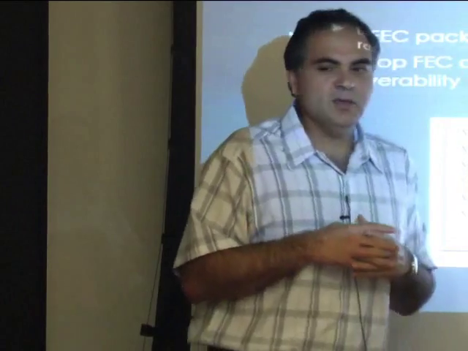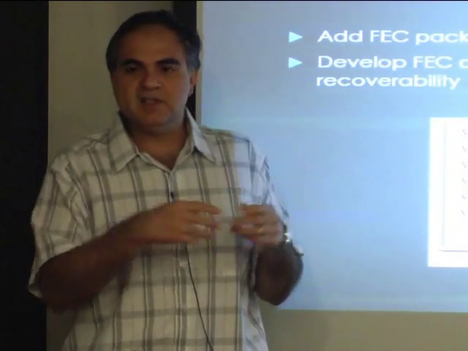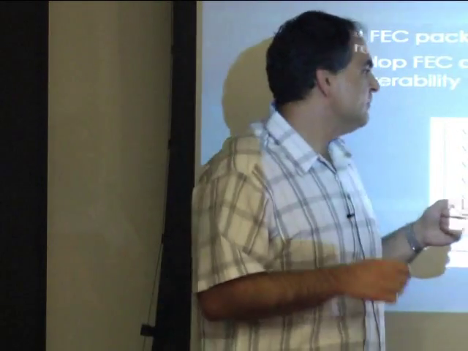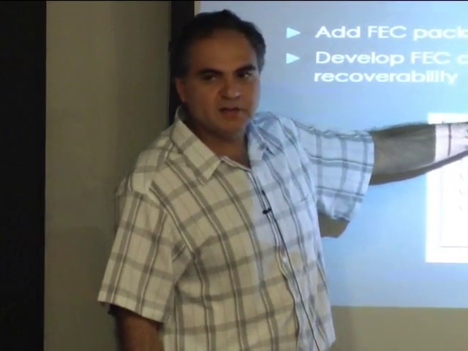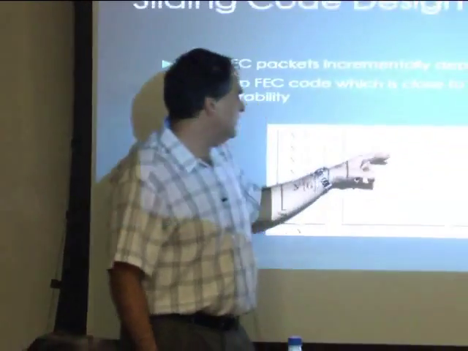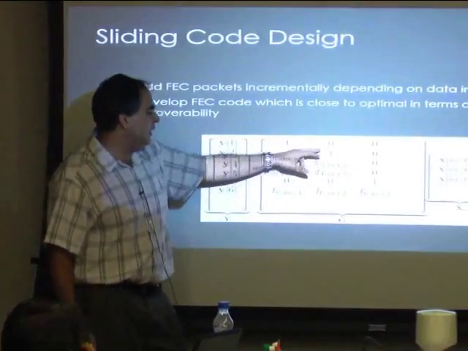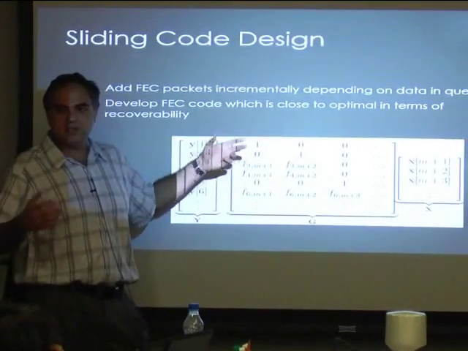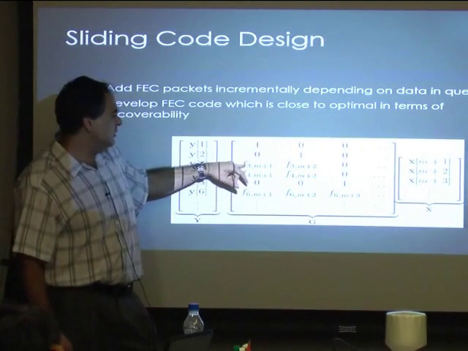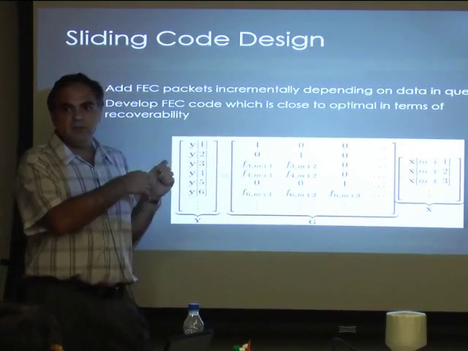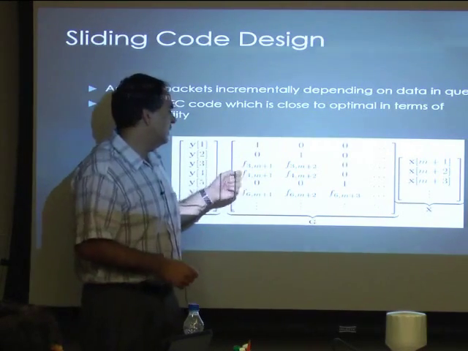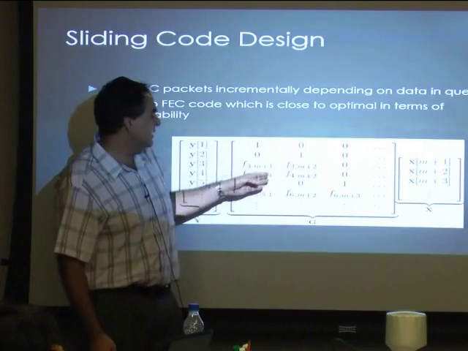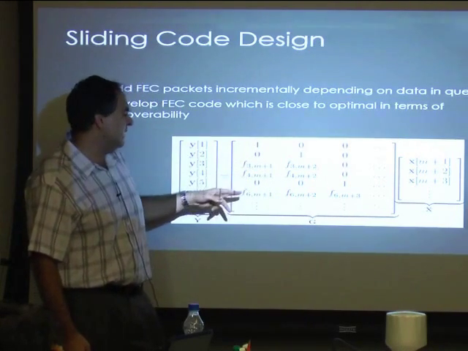So instead we developed a sliding coding structure, which operates like this. Let's say you send a first packet, then you send another packet. Now you can decide you want to send some FEC packets. Your FEC packet becomes a linear combination of everything that's in your queue. So you have these two packets, FEC packet 1, FEC packet 2.